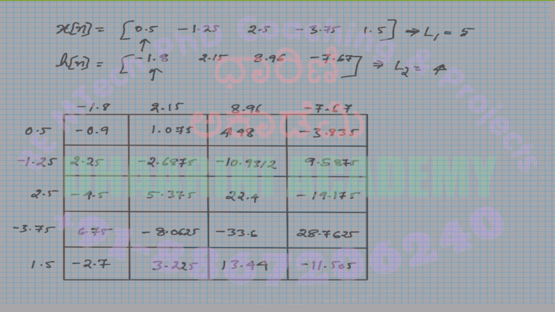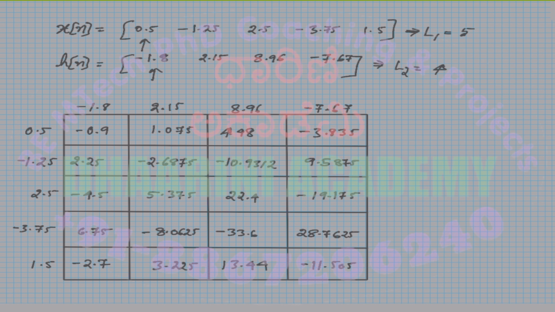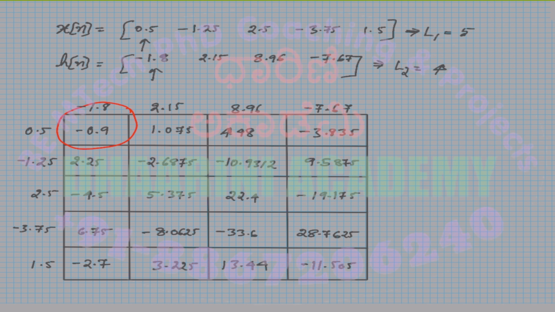Normally, whenever two signals are given, make this table as the first step. The second step is I have to take the sum. The sum has to be taken along the diagonals. What do you mean by the diagonal? It's in this way. Start from the top left corner where you have only one entry.